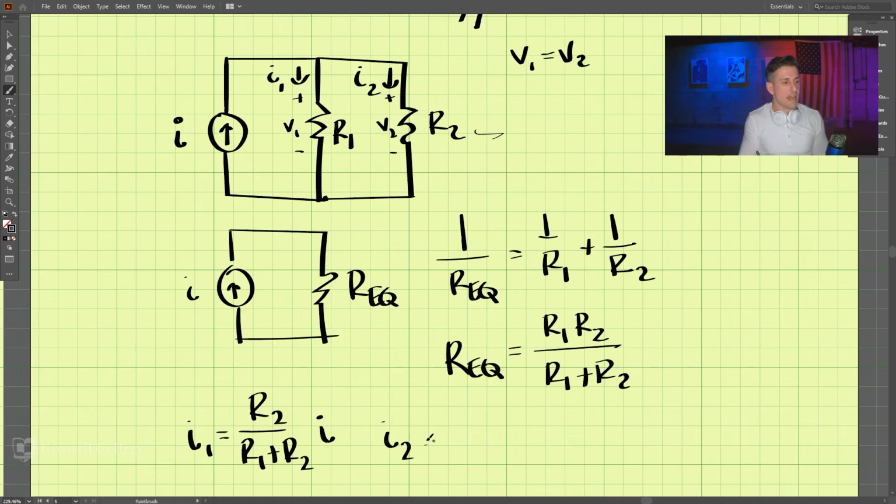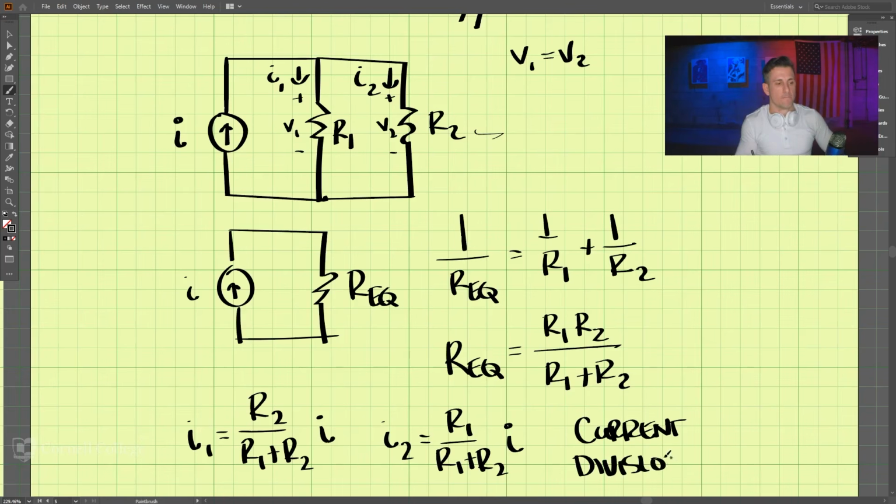And likewise, I2 would be R1 divided by R1 plus R2 times I. Okay? And this is what we call current division. So we're taking one piece and dividing it. So now that is series and parallel.